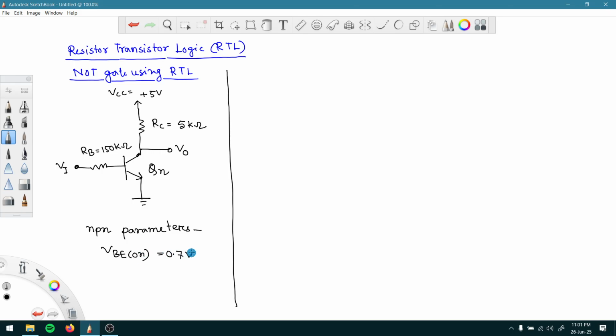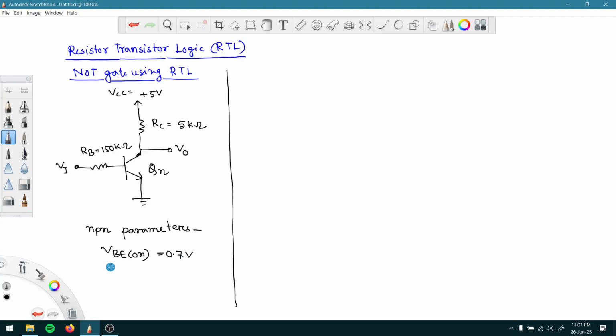We have two different junctions here: the base to emitter junction, and the collector to base junction. Sometimes the junctions are forward biased, sometimes reverse biased. We are talking about this junction here. Whenever the base to emitter junction is forward biased, we are assuming the voltage should be 0.7 volt, similar to the constant voltage drop model.